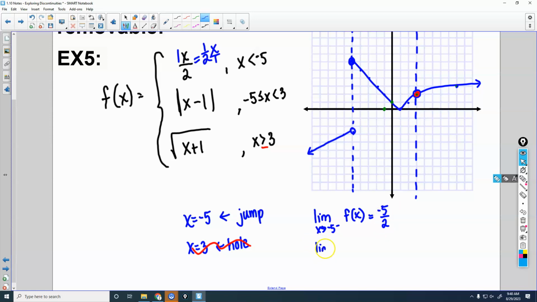If I do the limit as x approaches negative 5 from the right of f of x, we're looking at these two functions, right? That's the absolute value of x minus 1. So absolute value of negative 5 minus 1 gives us absolute value of negative 6, which is 6. Those two do not match, and so since those two don't match, I know that I'm going to have a jump in the graph.